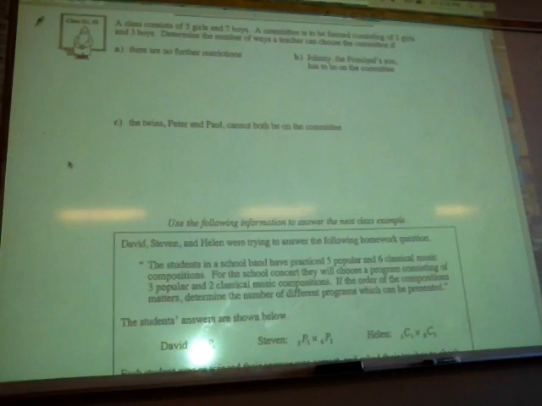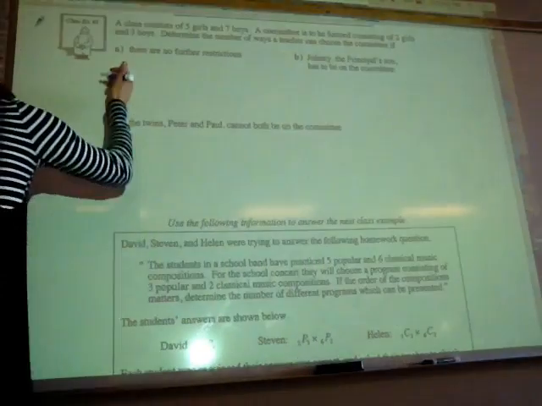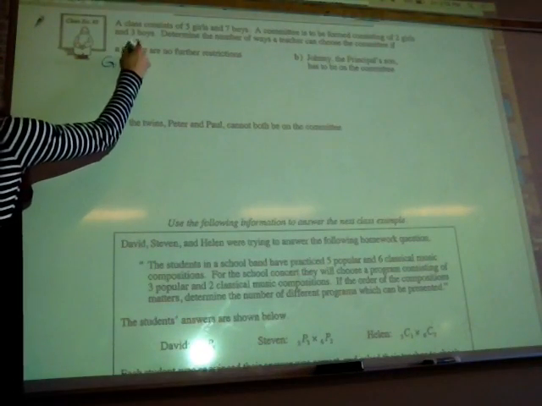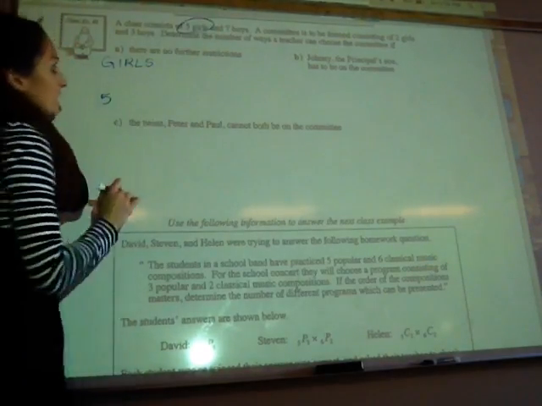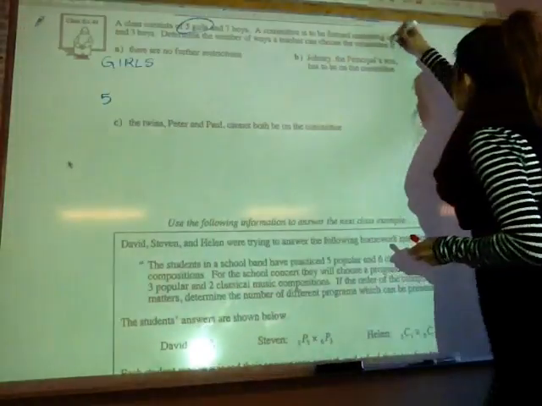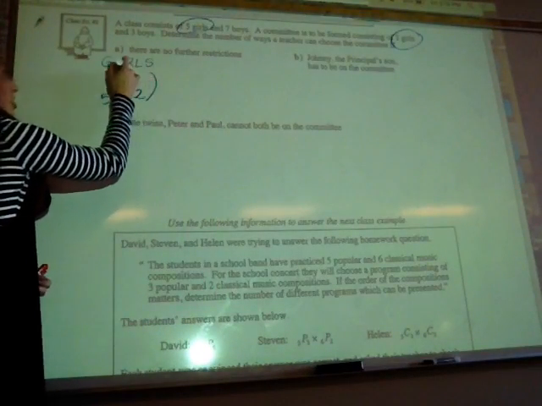Alright, so does order matter? No. So I'm going to be thinking in combinations here. So if there's no further restrictions, then out of the girls, I have 5 girls, and I need to take 2 of them. So we're going to go 5 choose 2.